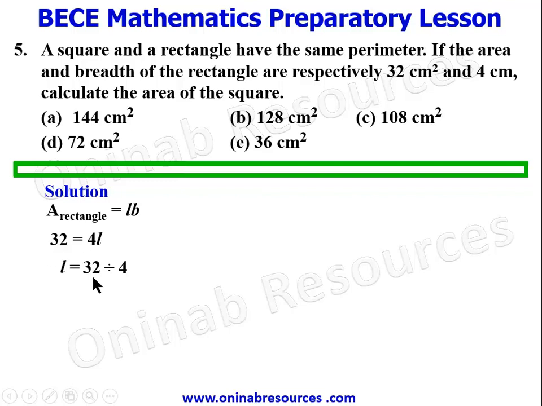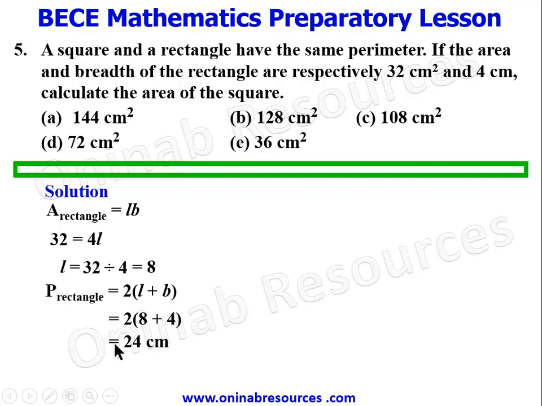Dividing both sides by 4, that will give us 8. And now we calculate the perimeter of a rectangle, which is 2 into L plus B. Now we have the perimeter to be 2 into 8 plus 4, since the length is 8 and the breadth is 4. So 8 plus 4 gives 12 times 2 gives 24 centimeters.